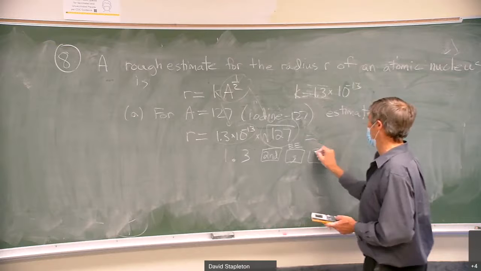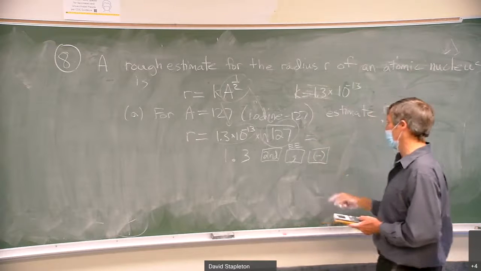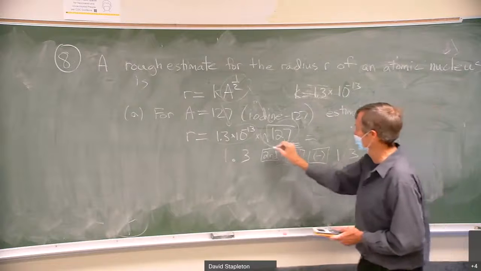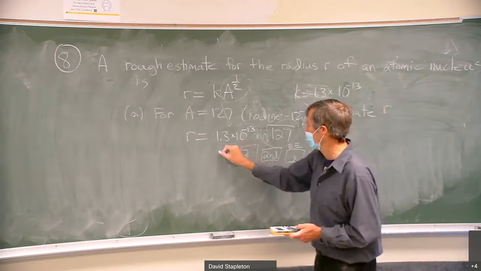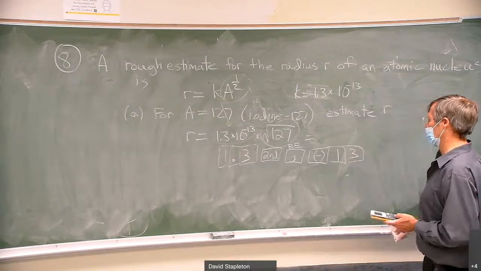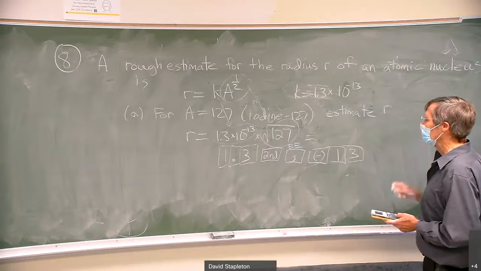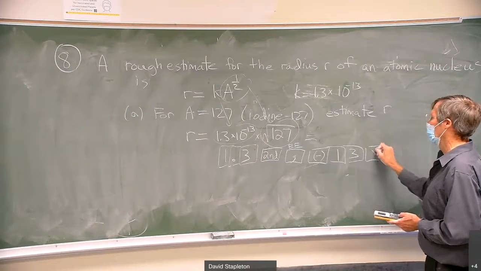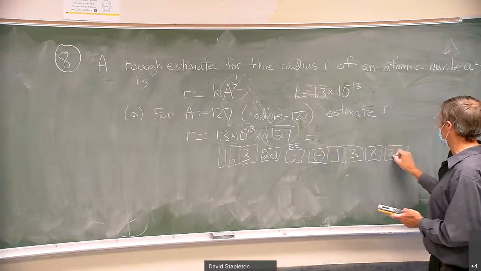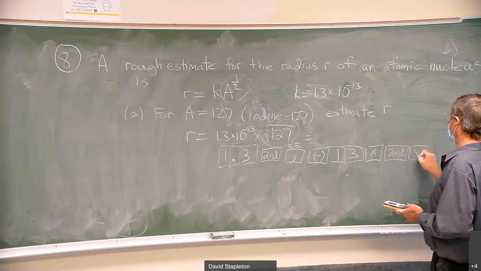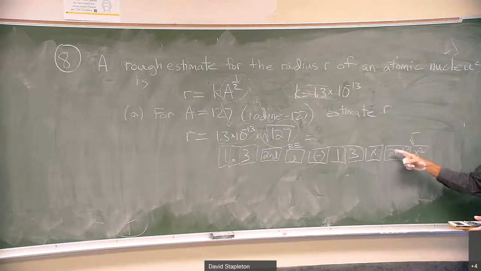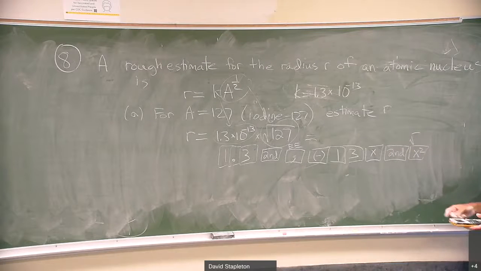And then I'll push this key for the negative number, not the subtract key, minus 13. So these are all keystrokes also. I just get tired of writing boxes. That's 1.3 times 10 to the minus 13. And then times square root, which is above the square, so we have to push second x squared on this calculator to get the square root. Your calculator may not have a square root. You might have to push the caret 1/2, or caret 0.5.